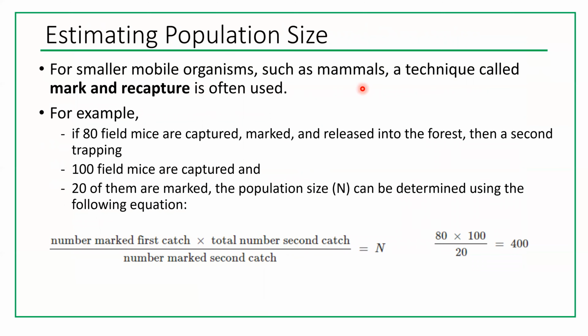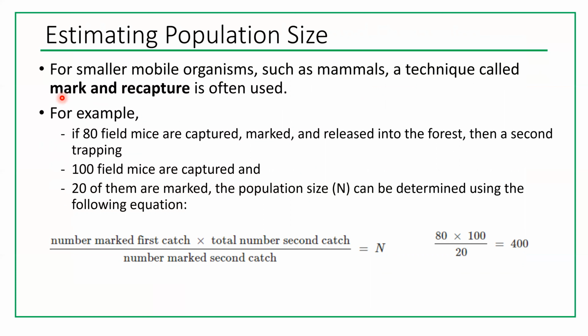So that was the quadrat method for either non-moving or slowly moving organisms. But if we want to count mobile organisms, such as mammals, maybe birds, then we can use a different technique, and it's called the mark and recapture technique.